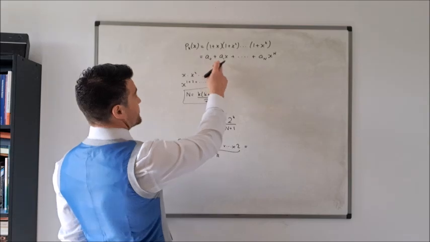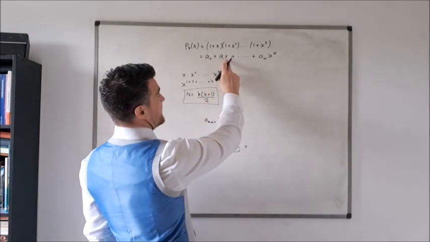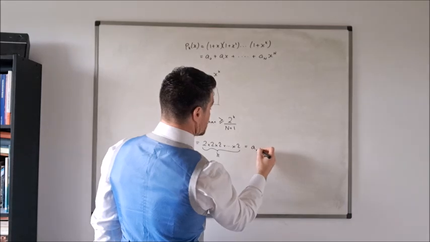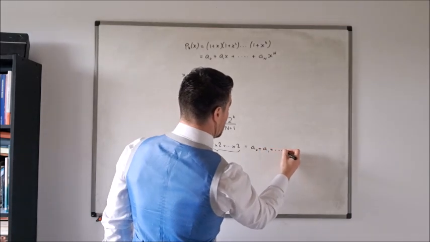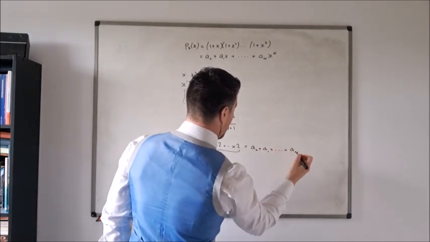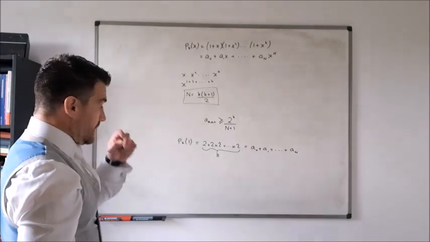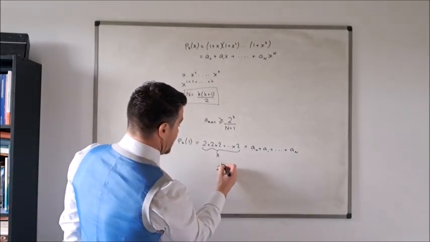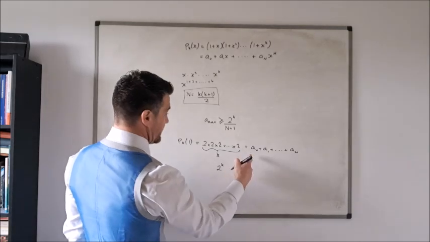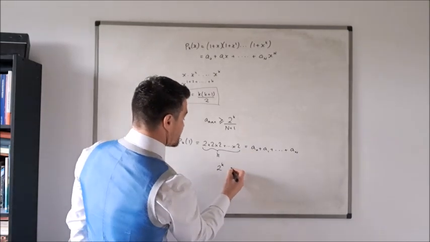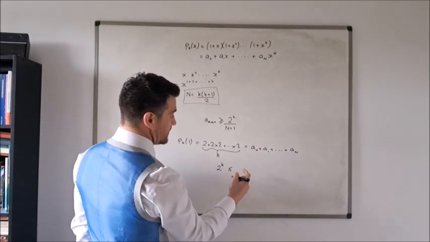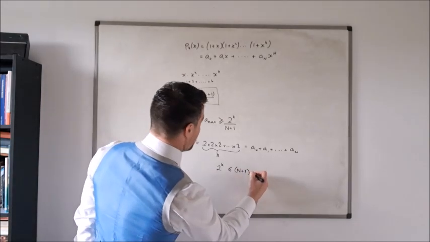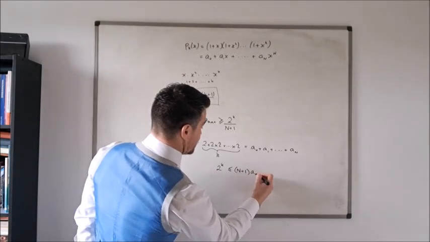And this is equal to, well, if we just substitute 1 in place of x here, we're just going to get the sum of the coefficients, a0 plus a1 plus all the way up to an. So therefore we get that this, which is 2 to the power of k, is going to be less than or equal to n plus 1 times a max.